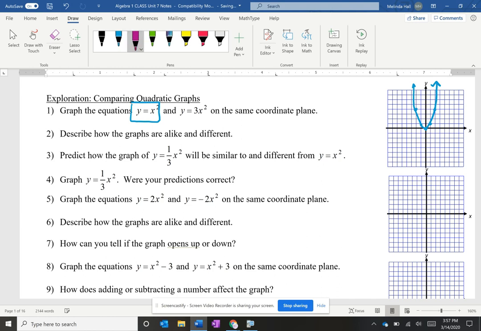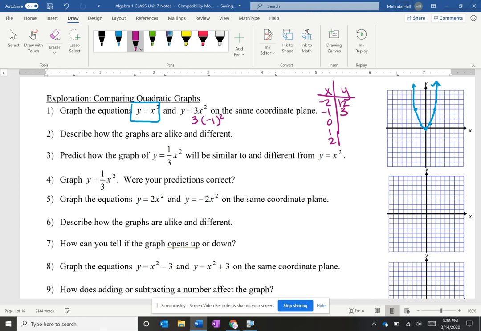Now, if I had y equals 3x squared, that's going to make it a little bit different because when I plug in negative 2, I would have 3 times negative 2 squared. Well, negative 2 squared is positive 4, and positive 4 times 3 is 12. If I plug in negative 1, we would have negative 1 squared, which is positive 1, and positive 1 times 3 is just 3.